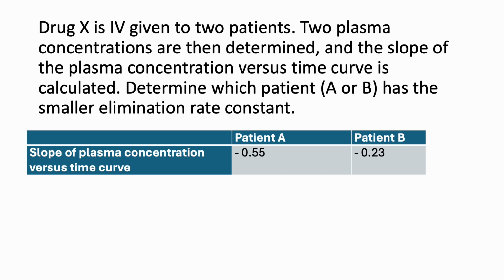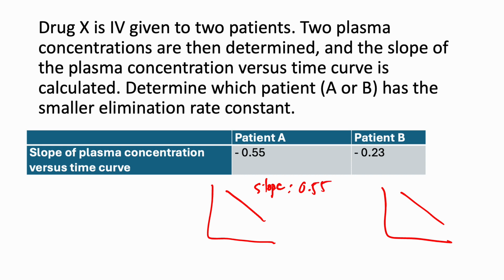So we have patient A and patient B. The slope of the plasma concentration versus time curve for patient A is 0.55. Patient B, the slope is negative 0.23.